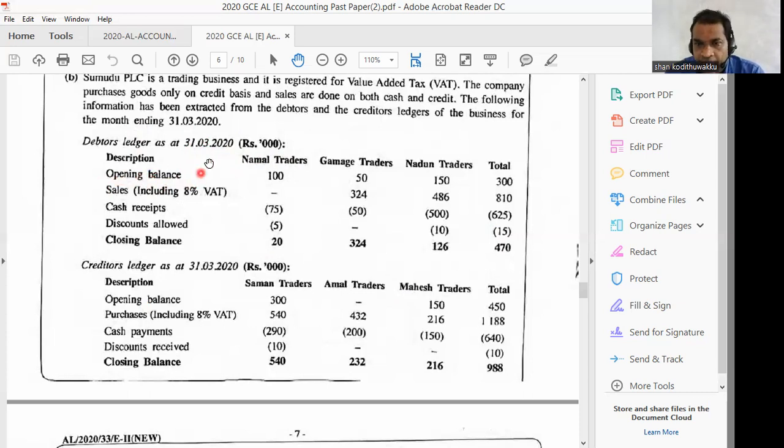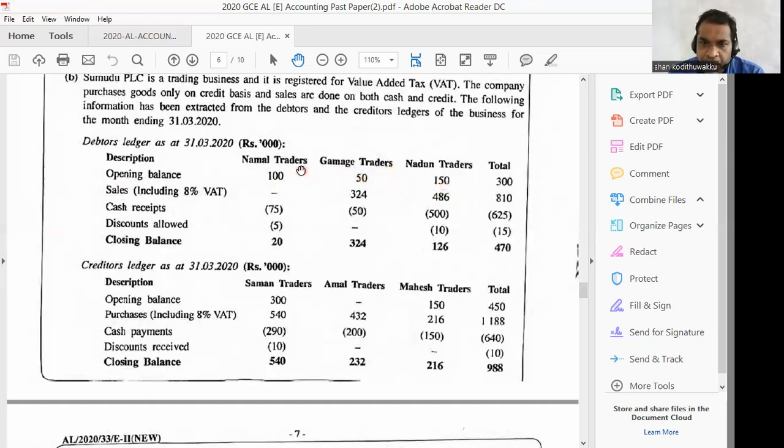When you take the given details from the beginning to the end, it is easy for you to complete the question. Otherwise, if you take details from here and there, then you won't be able to finish the question within the required time. Then opening balance in Normal Traders 100, Gamage Traders 50, Nadu Traders 150. They are debtors, no?